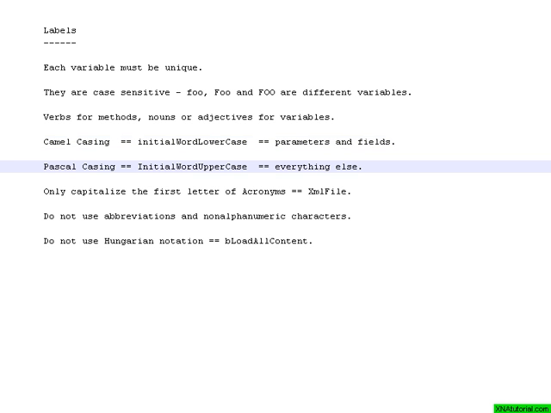There is a second casing called Pascal casing. This one looks very similar, but it is more beautiful because it has the initial letter capitalized too. And this is used for everything else. The reason why there are two is because parameters and fields are only used within your method or within your class.